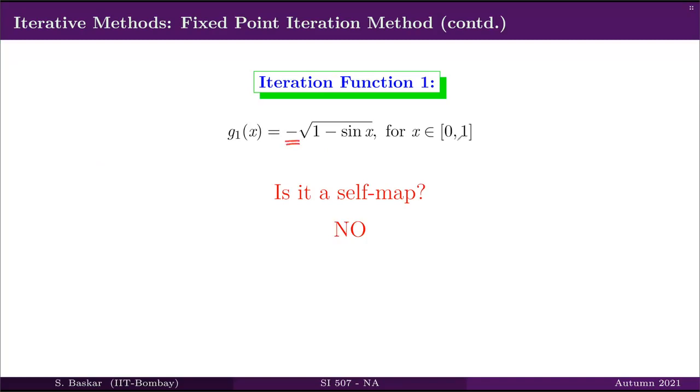So any x naught that you choose in this interval, the next iteration will be a negative number, and in that case you will not have a value for your next iteration lying between 0 and 1, right? Therefore, G1 is not a self map. Therefore, we would not prefer to take G1 as our iteration function.